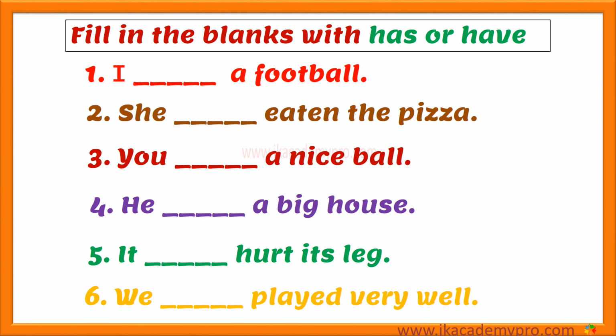The fourth one is he dash a big house. Fifth says it dash hurt his leg. The sixth sentence is we dash played very well. Follow the rules and use both these verbs, has or have, in these sentences.